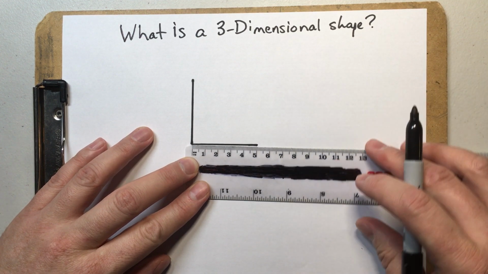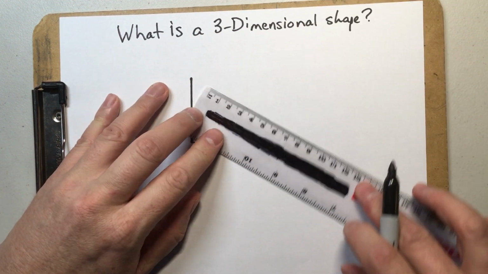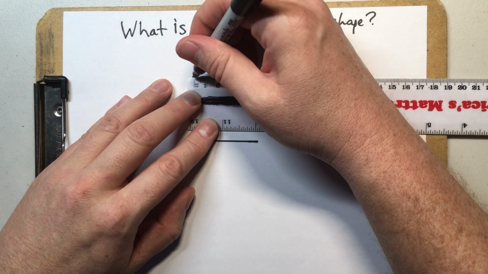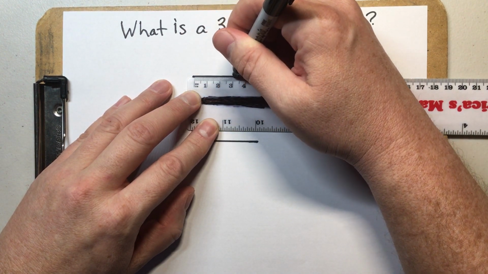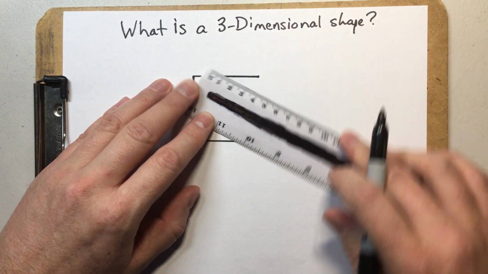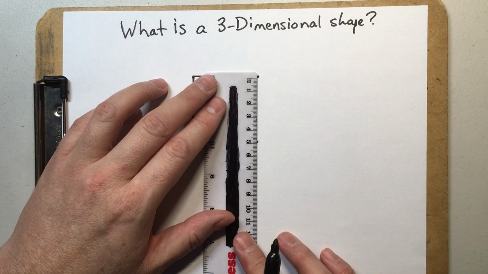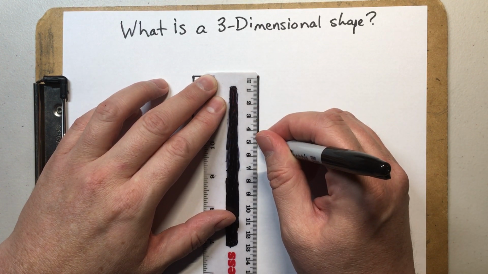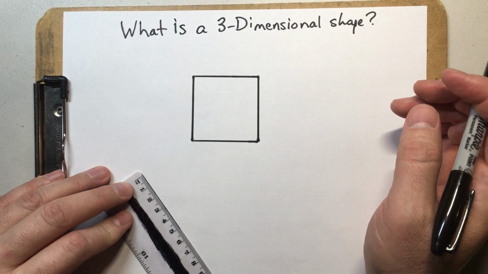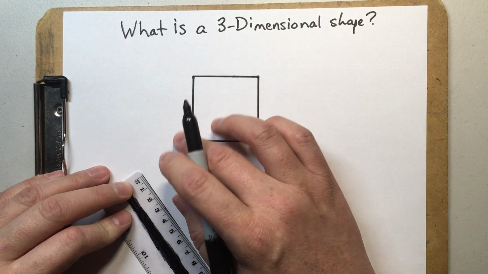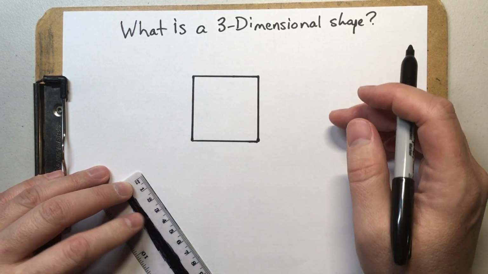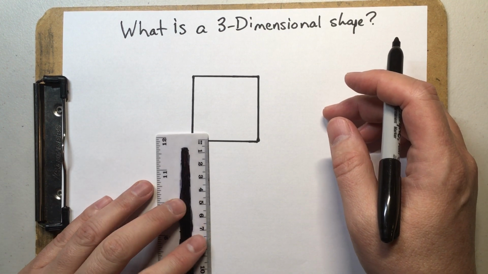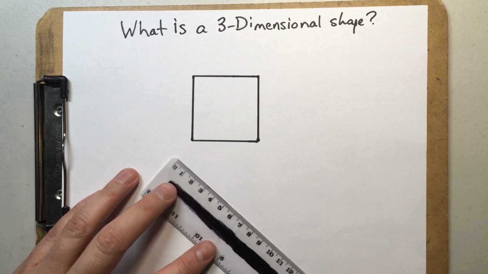I have my length. And I'm going to continue with this all the way around to make my first 2D shape, and then I'll show you what a three-dimensional shape looks like. Two dimensions, height and length.